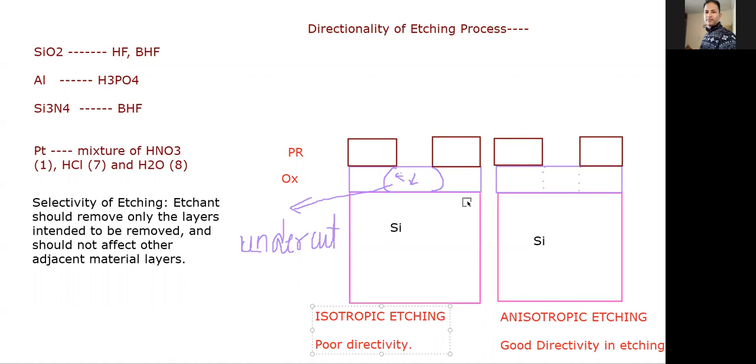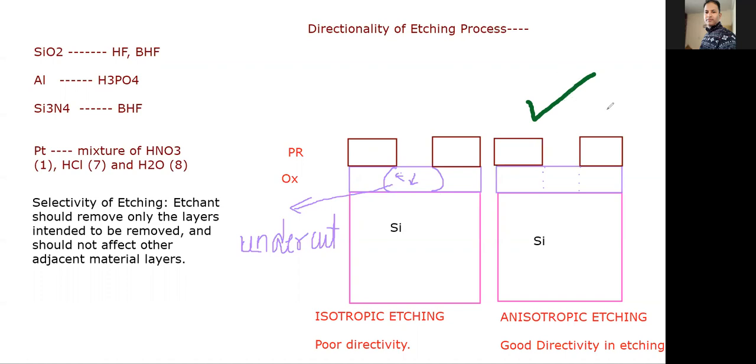So what we want is our etching to be anisotropic etching. Our requirement from the etching process is that it should be anisotropic.